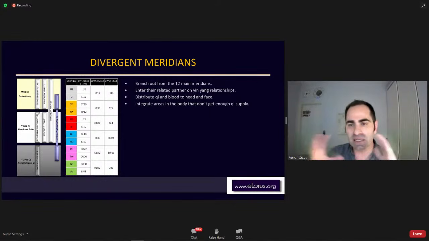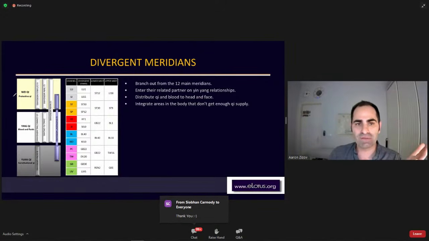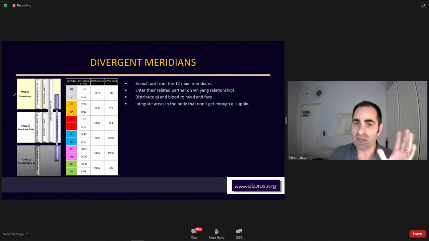But again, this is the way of working with this. I don't know how common it is in daily practice. I use it not so often, because in order to work on the pathogens, I still have other ways with the TMM meridians and with the regular main meridians. So this is another existing option.